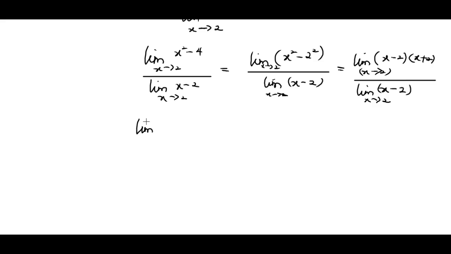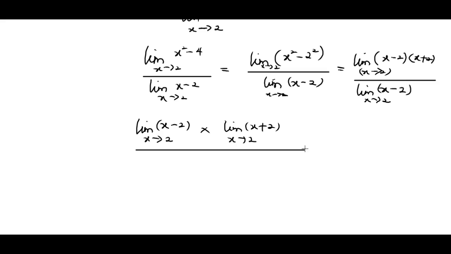So that will be lim x minus 2 as x tends to 2 multiplied by lim x plus 2 as x tends to 2, all over the denominator, that is lim x minus 2 as x tends to 2.